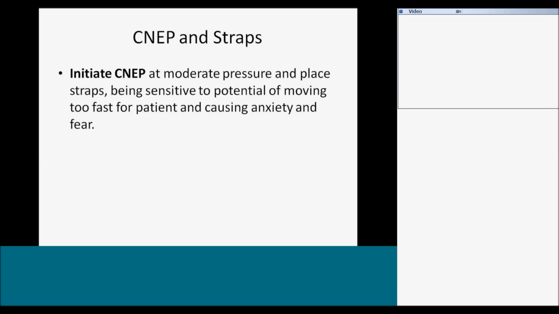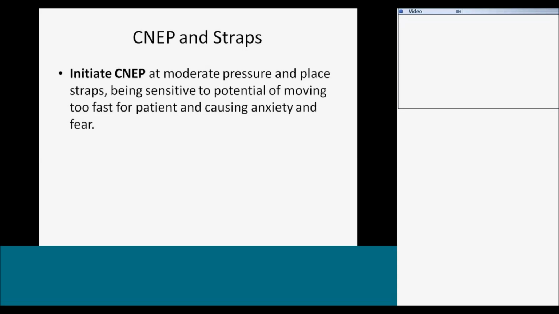Start with continuous negative. That's our standard process. Always start with continuous negative at a moderate pressure. Once you've achieved the pressure that you've got set for continuous negative, then bring the straps up onto the Curos. And again, I'm reminding you, I've had patients become anxious even from fast movements at any time. So don't move too fast.